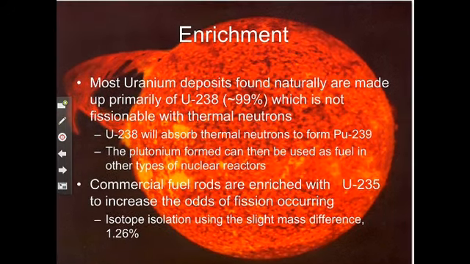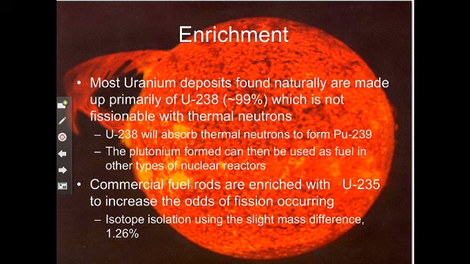And you've probably heard, especially when we're talking about weapons-grade plutonium, things like that, about something called enrichment. In nature, most uranium deposits are primarily uranium-238. That makes up about 99% of the uranium that's mined from ore.